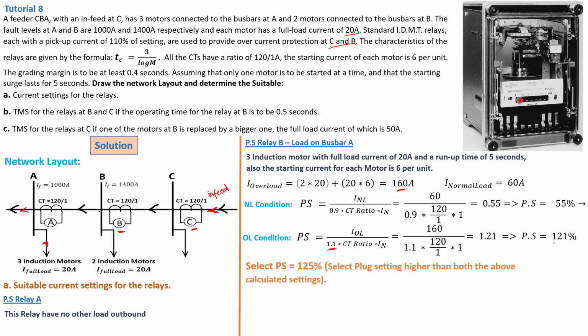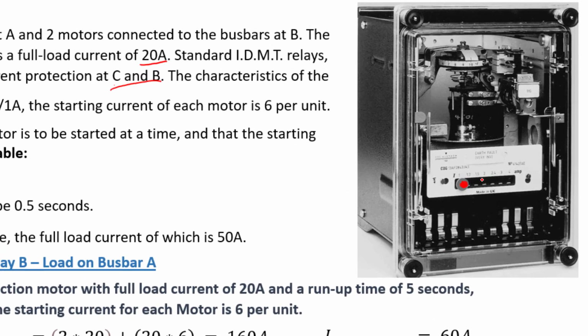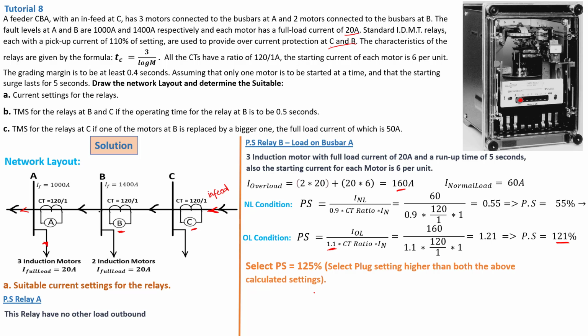So this basically means we can select the highest setting among these two, so that would be 121. But because a 121 setting does not exist, we can take a 125 setting, which should be somewhere here on our plug settings.